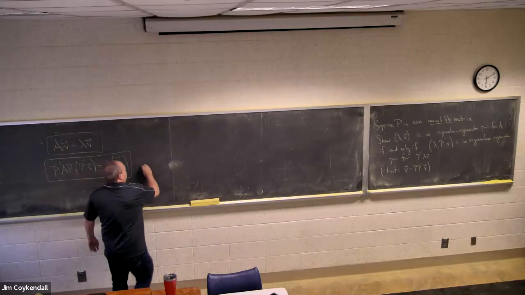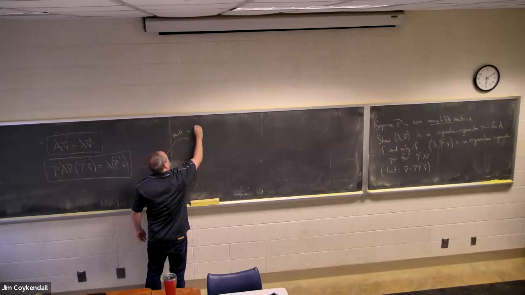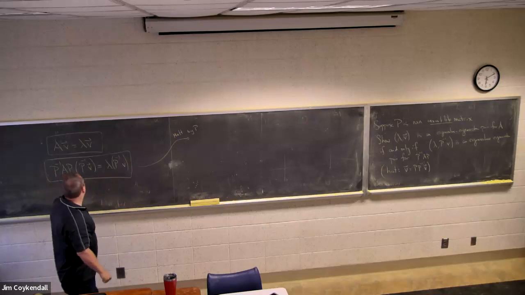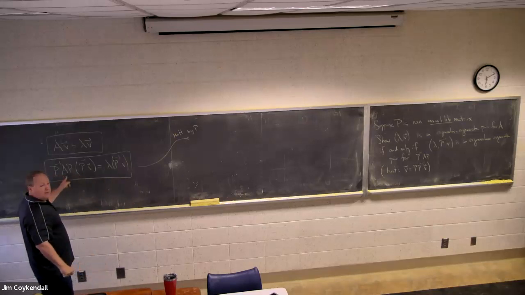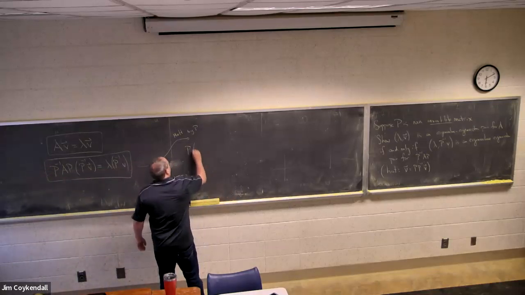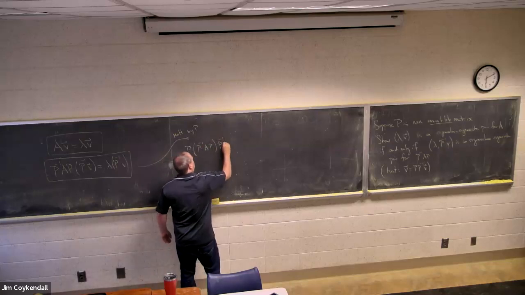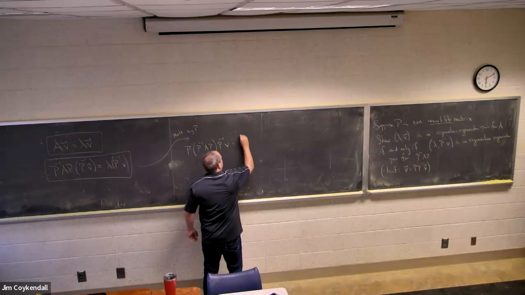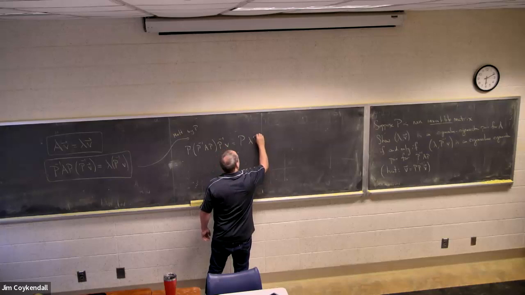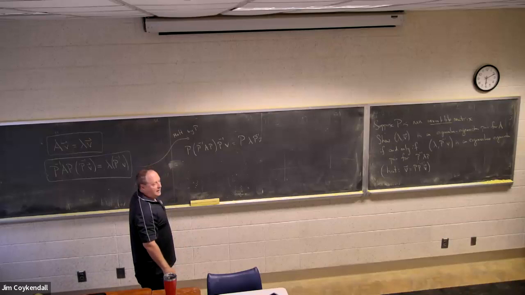So, for example, take this equation. This is a reimagining of what you said. Let's multiply both sides of this equation by P. Everybody okay with that?